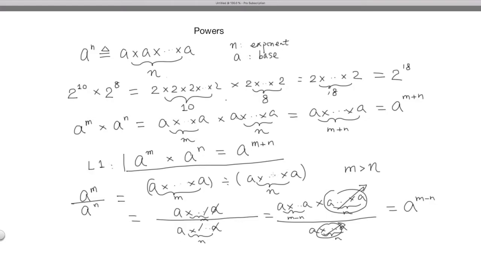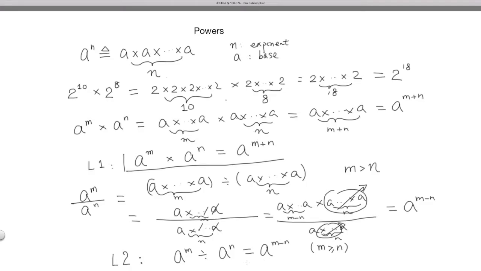Law number 2, or rule number 2, is a to the power m divided by a to the power n equals a to the power m minus n. Of course, we only showed this for m bigger than or equal to n.